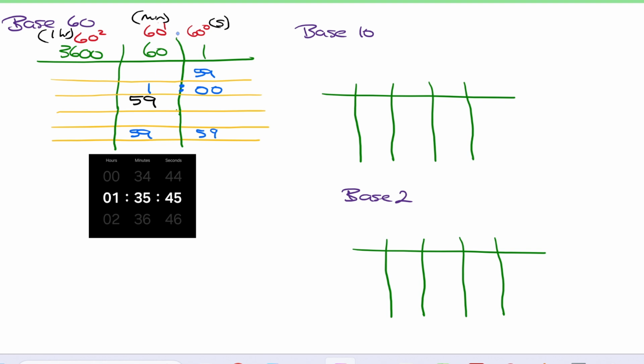So maybe I'll put them in here as well. When I get to 59 minutes and I do one more minute, then I would get to 1 hour, 0 minutes and 0 hours. And there's 2 spots there because I can actually have 2 digits in that same thing.